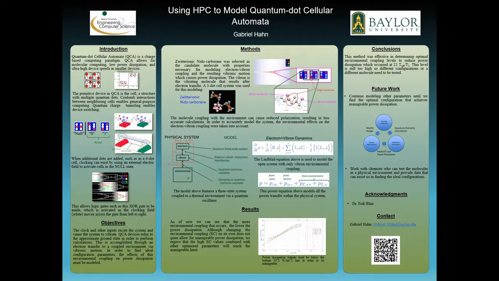But pretty much after you have that process, you can add more dots to the system. And what you can do with that is you can create active and null domains. So initially, in this cell, you would have all the electrons, which are these red dots, unactivated, and they would be in this bottom row.